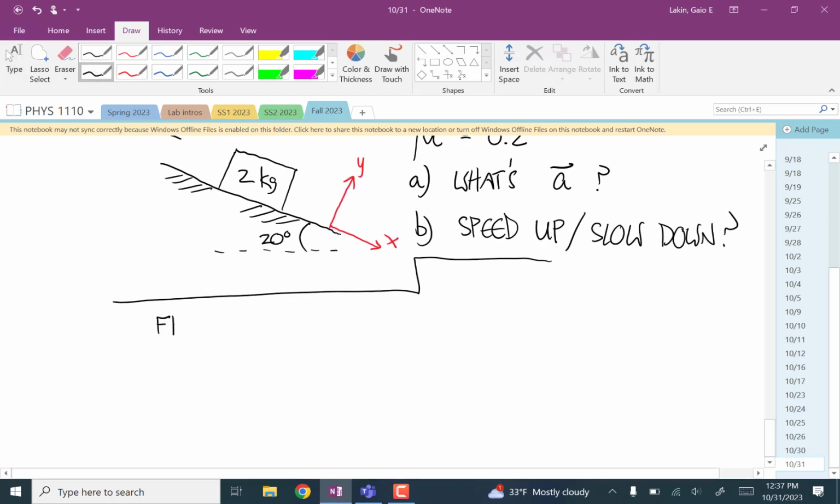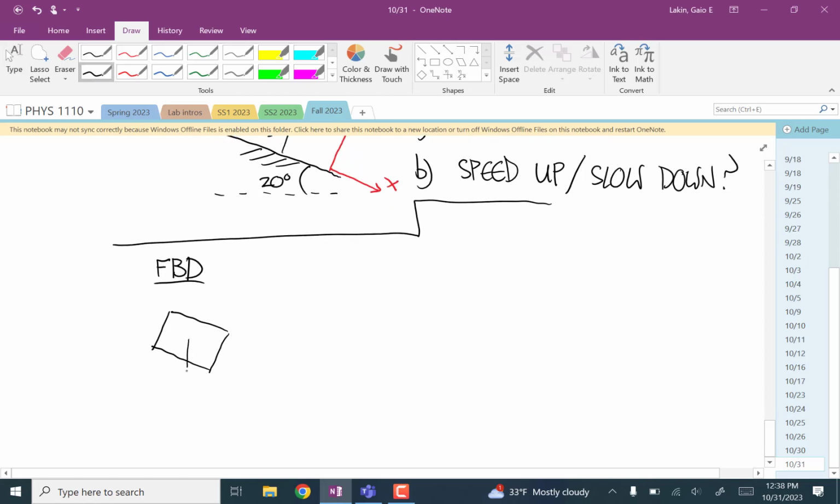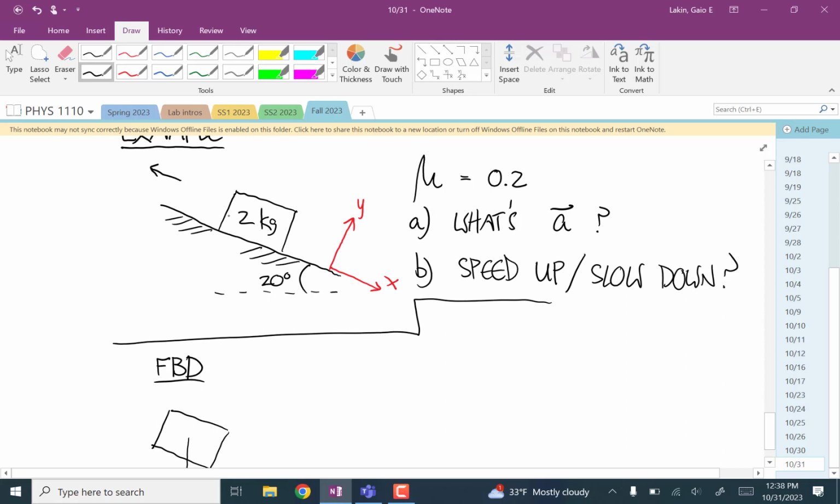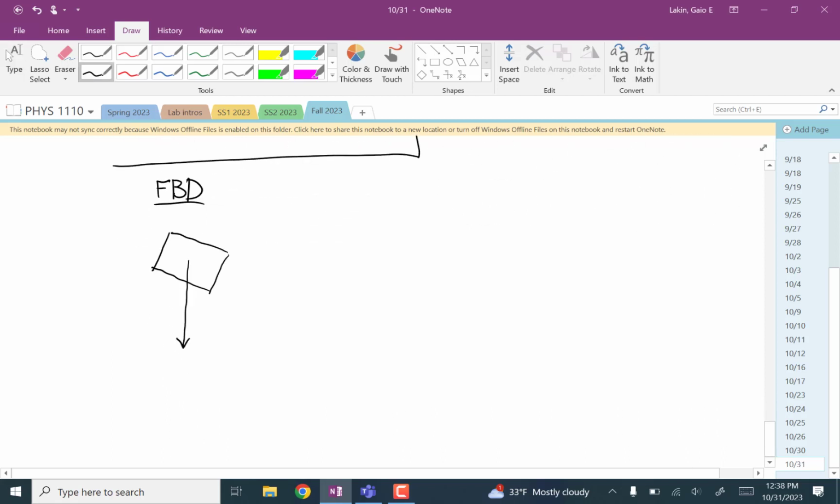A free body diagram looks like this. So there's the body. The weight force is straight down, and that's 2 times 9.81, so 19.62. Then there's a pushing force that's perpendicular to the surface toward the body.